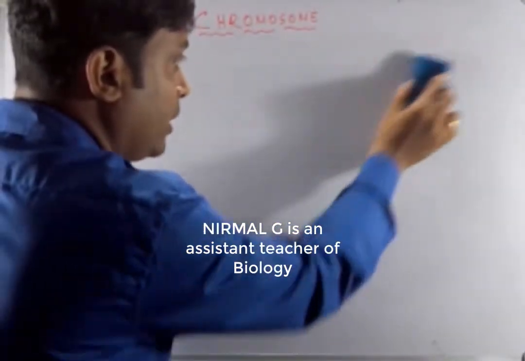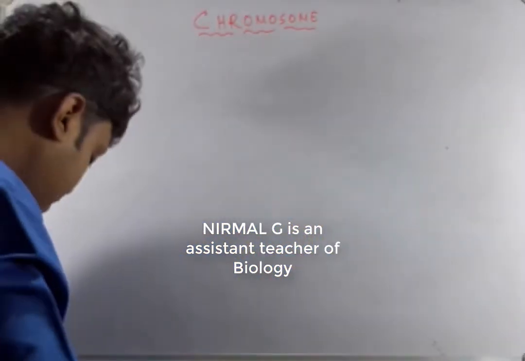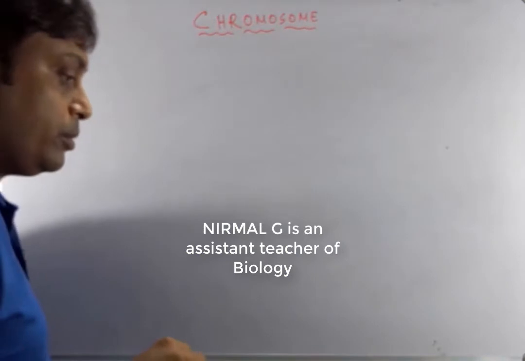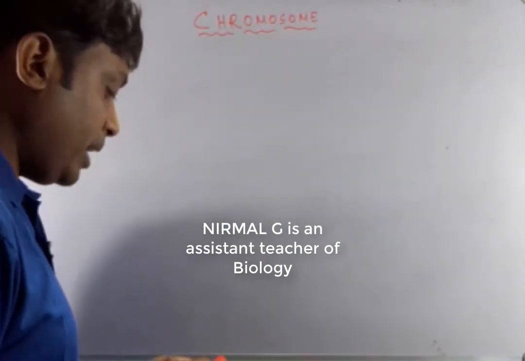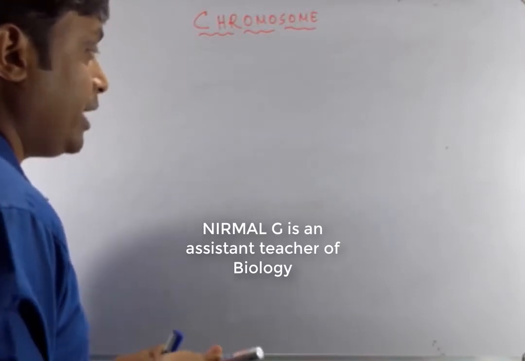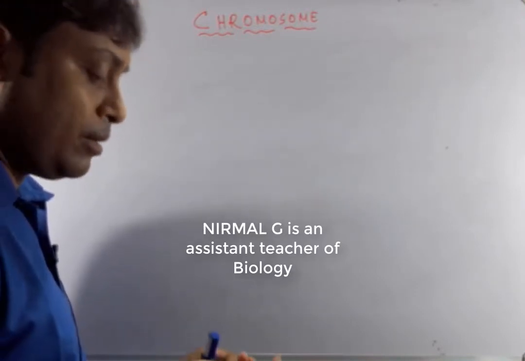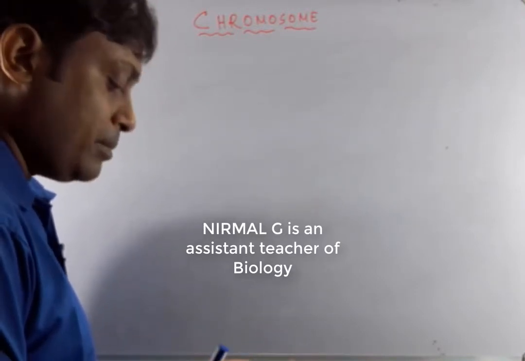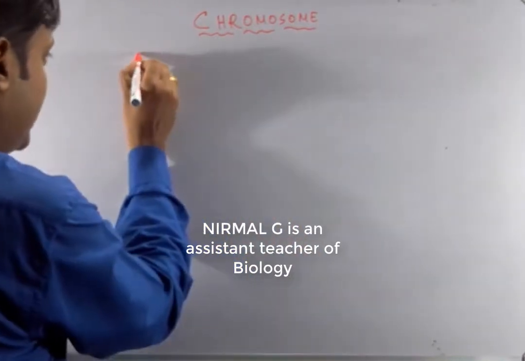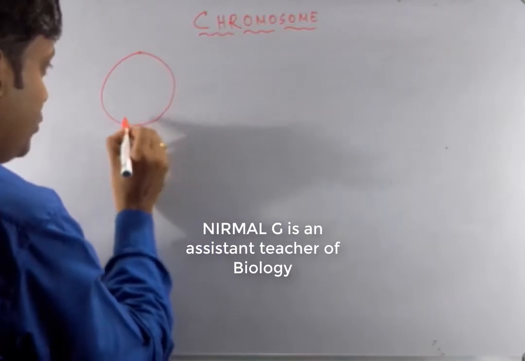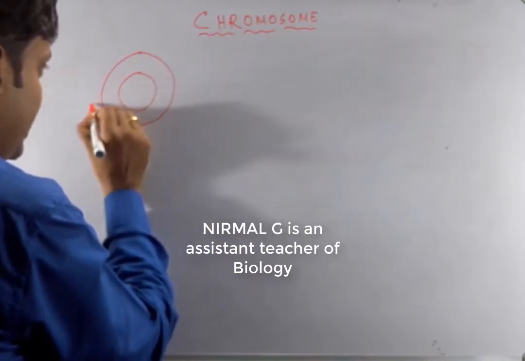Today I shall tell you about the detailed structure of the eukaryotic chromosome. Before that, we should know that in every kind of cell in our body there are many chromosomes. Suppose this is the human cell, and this is the nucleus.